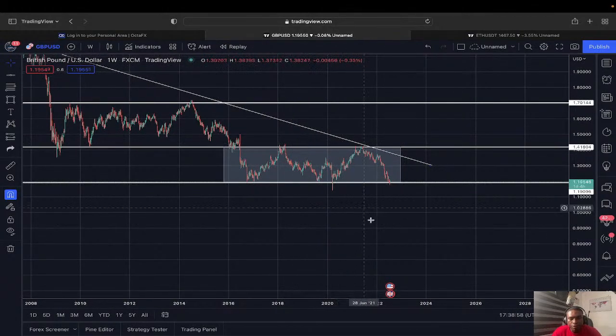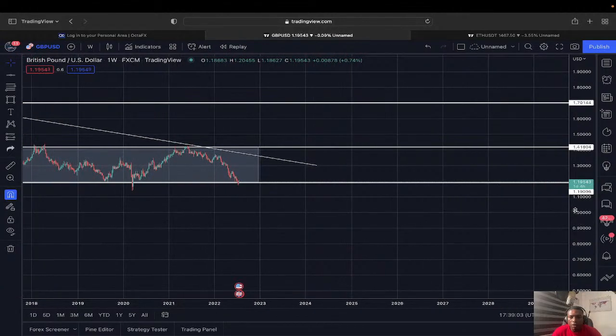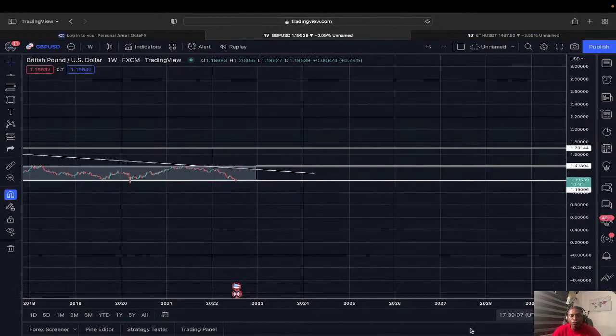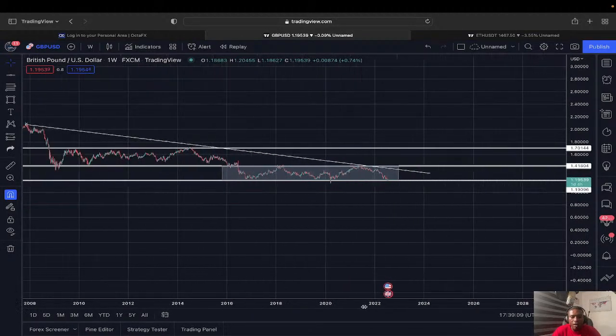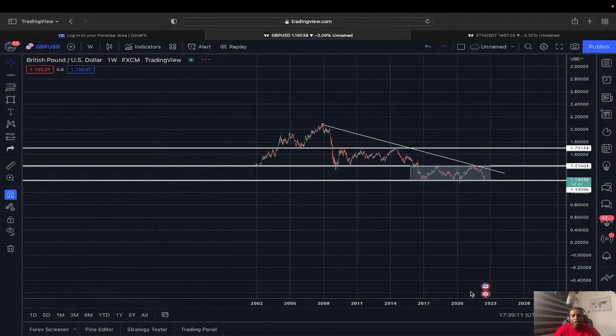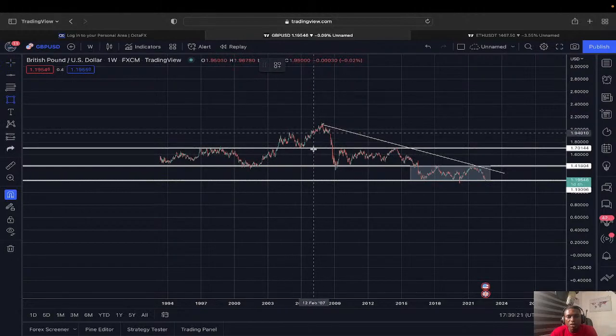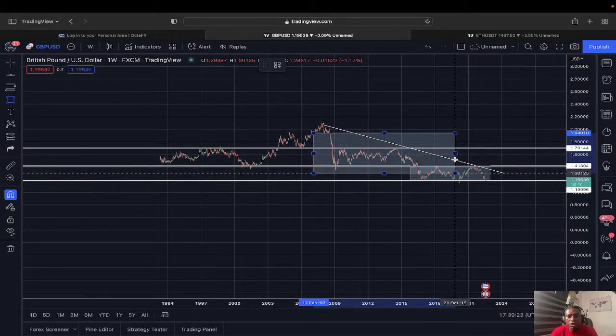And then from the broader view, I can see that if you check this place, there was a range as well.